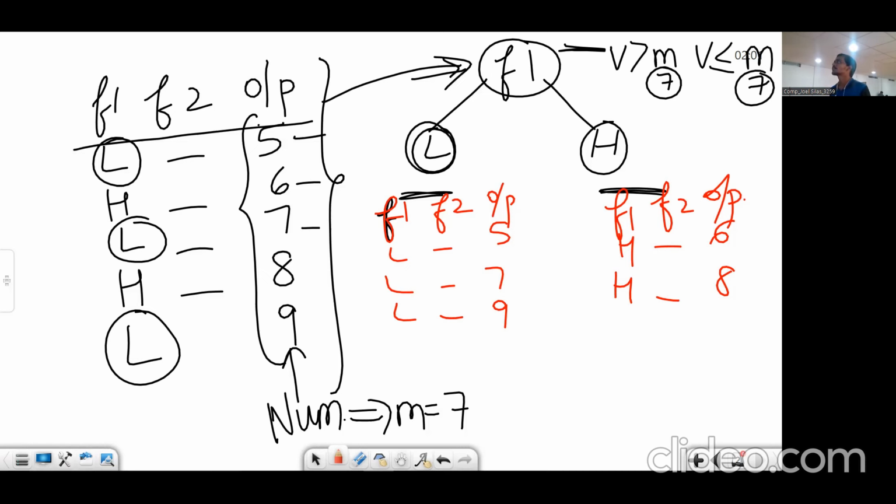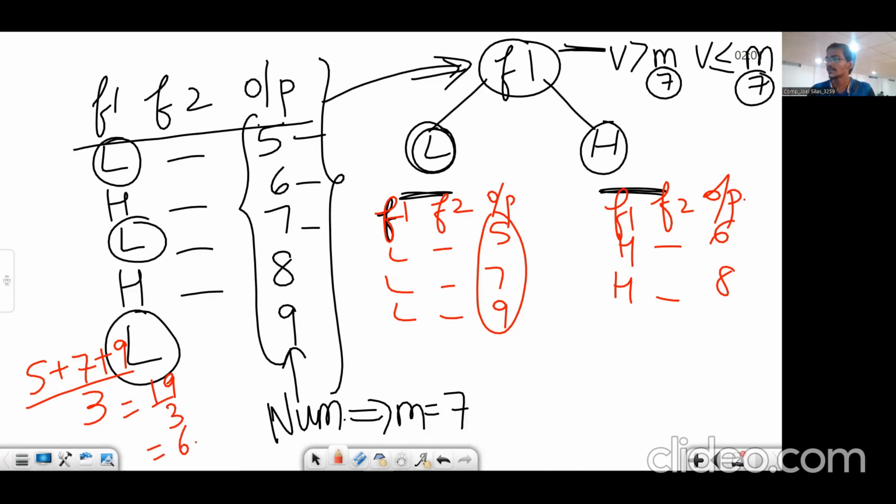Now what we need to do is, we need to again calculate the mean of these values. Mean of these values will be what? Let us calculate. 5 plus 7 plus 9 divided by 3. So it will become 19 divided by 3. So whatever this value is, 6.1 something, whatever it is. This is the mean now.